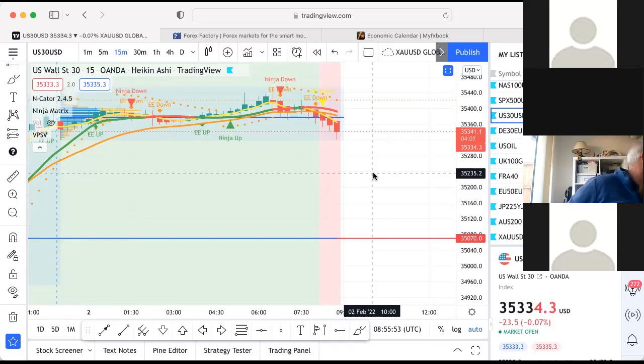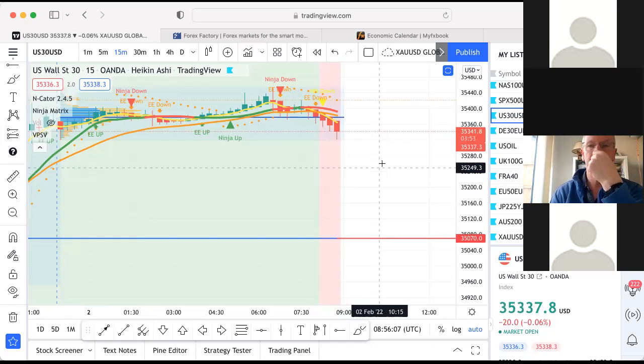It was something like, with one broker, the value of a pip was, let's say, $10, and with the other broker it was only $1. Something like that. There was a significant difference.